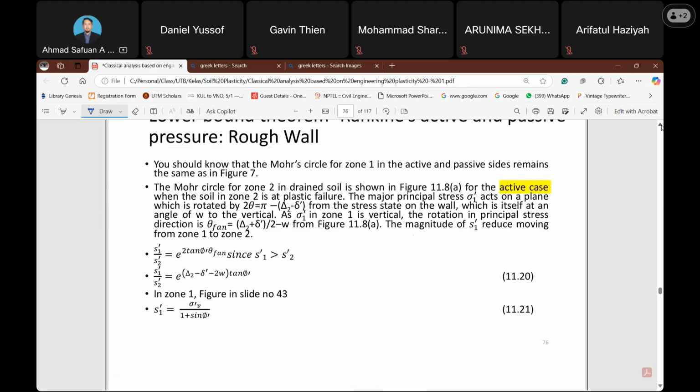Okay, so the S1 is equal to sigma V over 1 plus sine phi. Okay. So this is for the 11.8. Okay, in zone 2, the effective stress acting normal to the wall from figure 11.8a is given by S2 minus S2 sine phi cos delta 2 minus delta.